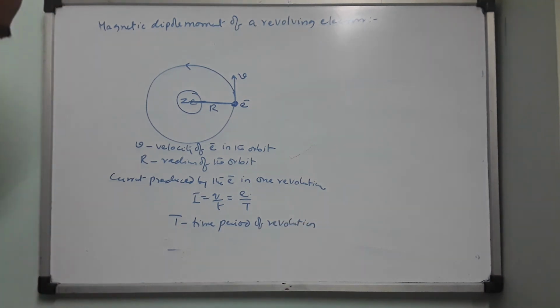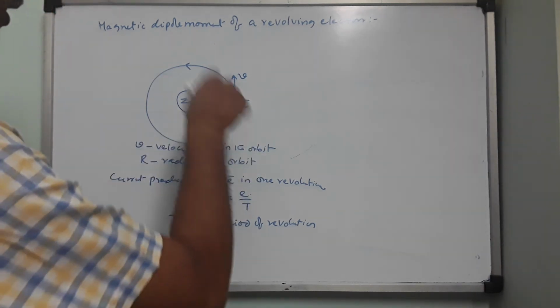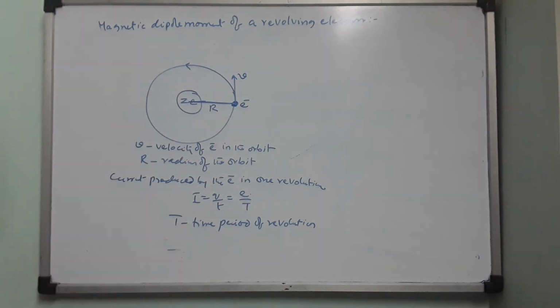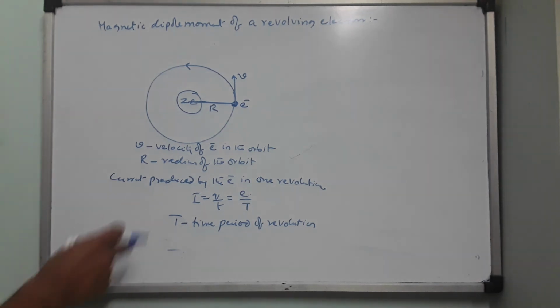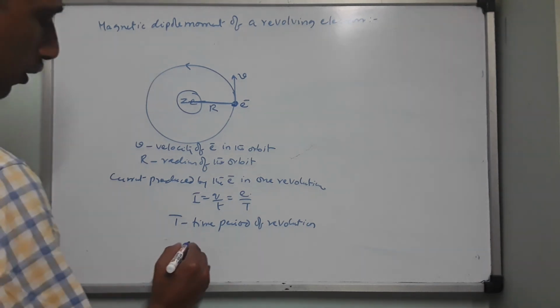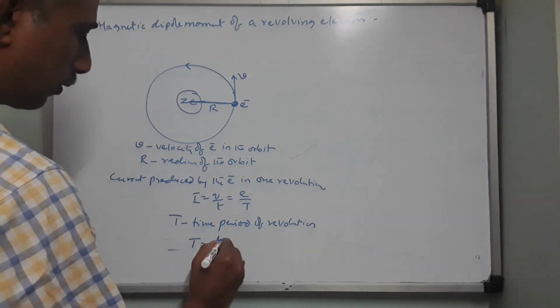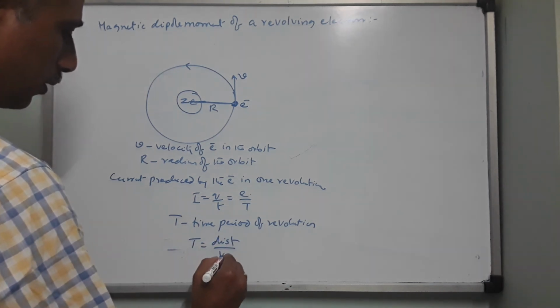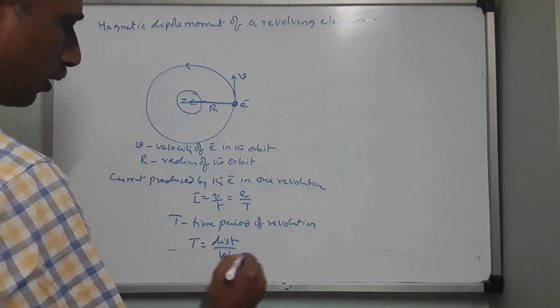You know that electrons revolve around the nucleus in orbits. According to Bohr's theory, the orbits are circular. According to Sommerfeld, they are elliptical. Now we are considering a circular orbit where the speed of the electron is imagined to be constant. How do you calculate the time? v equals s by t, so t equals distance divided by speed.